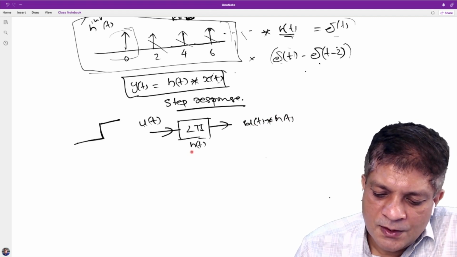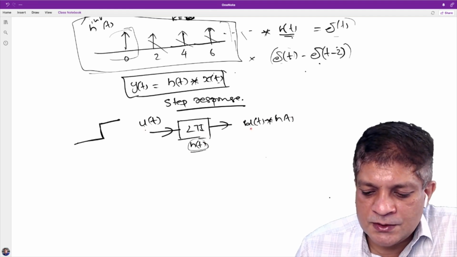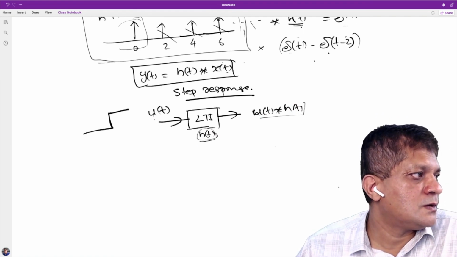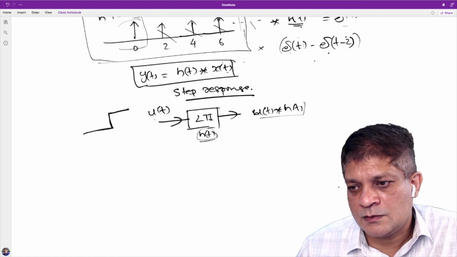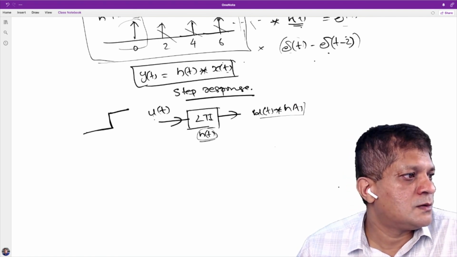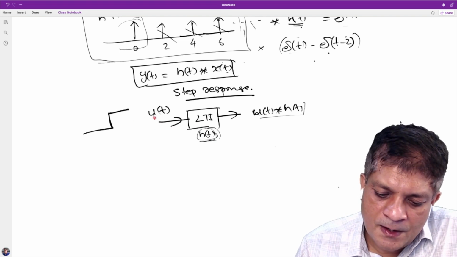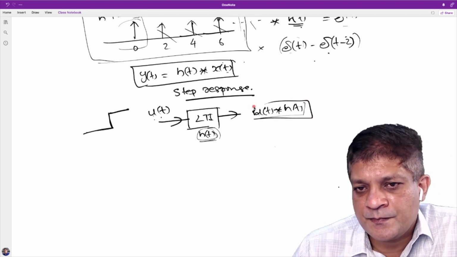If the impulse response is h(t) and you are giving u(t) as the input, the output is u(t) convolution h(t), isn't it?